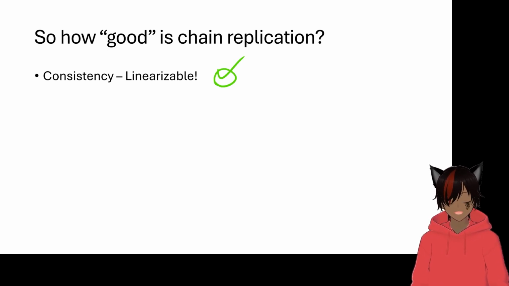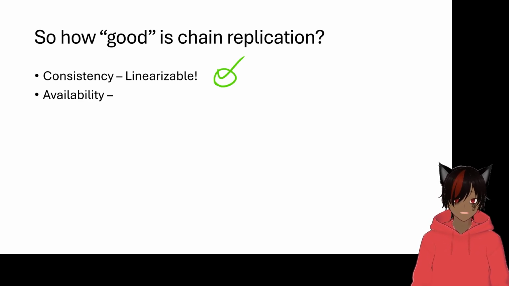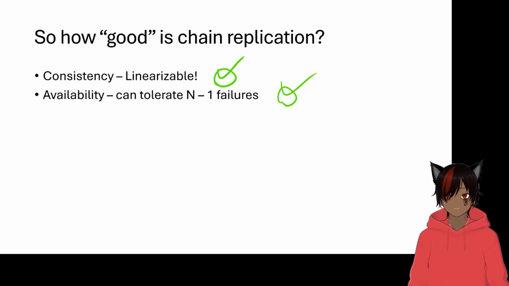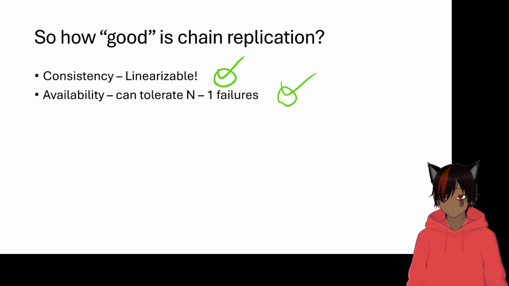And I think it's only fair to compare this to other linearizable distributed systems. Let's look at availability. How many failures can it tolerate until it becomes unavailable? Well, if there are n nodes, it can tolerate n-1 failures. As long as a single node is alive, that node can act as the head and the tail, and it's still good.